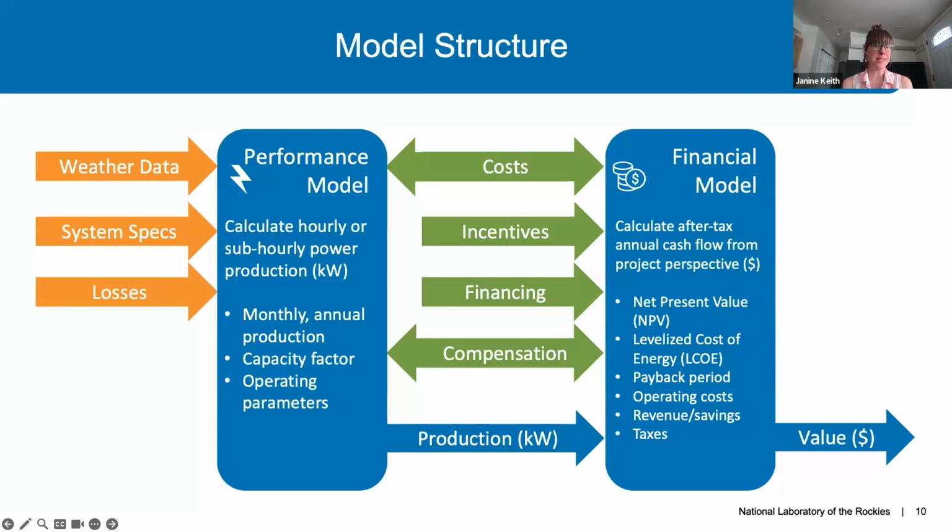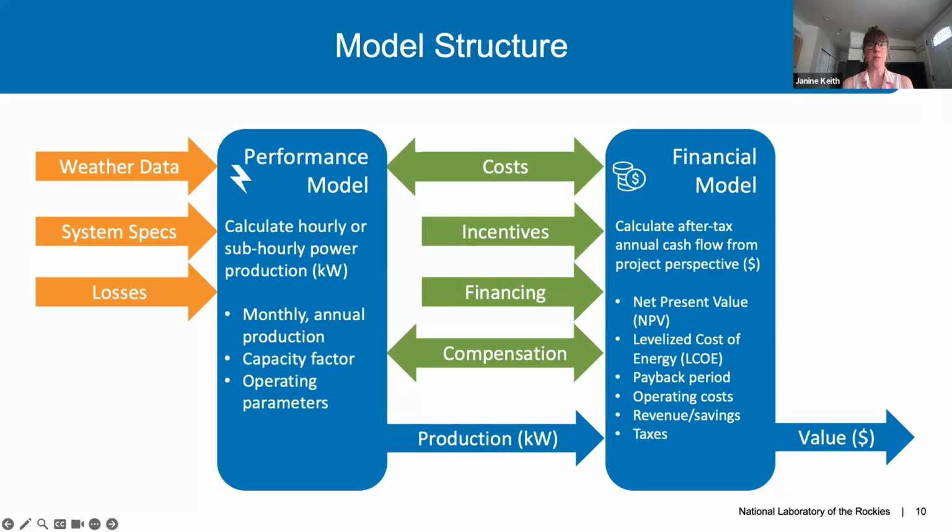You need information about the system specifications for the type of system you're designing, and any losses that the system is going to experience that aren't explicitly modeled in the tool. Combining those things allows you to calculate a lot of the performance side of the outputs, including hourly or sub-hourly power production, capacity factors, operating characteristics, things like that.